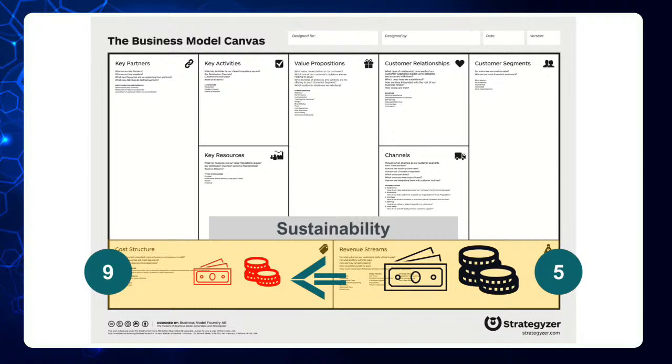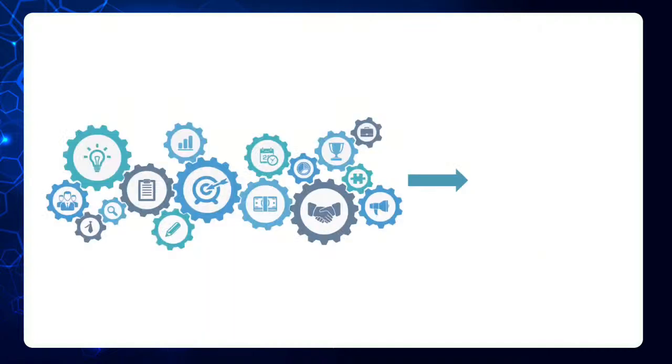Now, the center of this canvas is value proposition, and this basically is what the business model canvas allows you to do, to take all of the components of your business, all the various facets that you have to do, and all the various things that make up a business, and concentrate them into the concept of value, right?